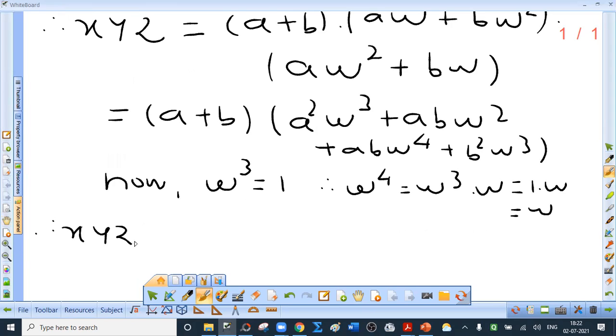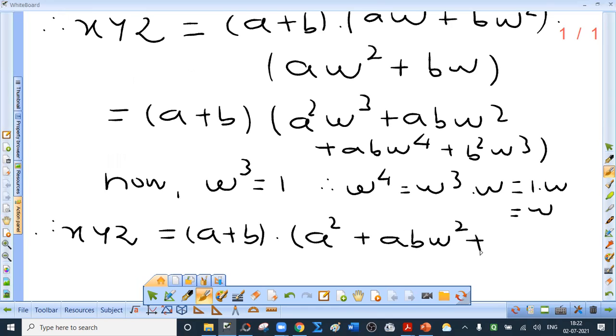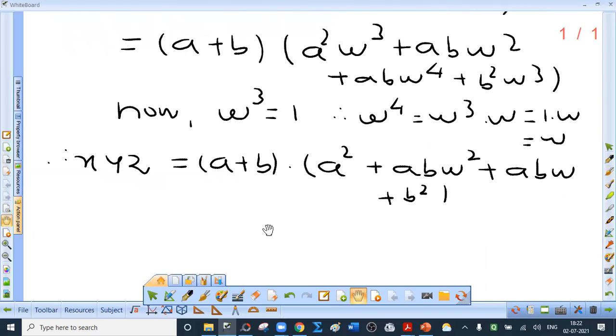So xyz is a plus b into what? A square into 1 plus ab omega square plus ab omega. Why? Because omega raised to 4 is omega, plus simply b square. Why? Because omega cube is 1. You can also say b square into 1, same thing.